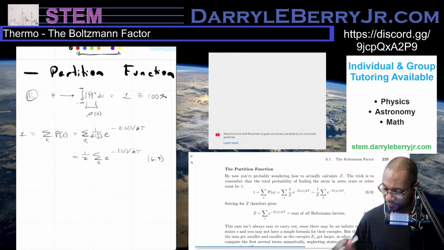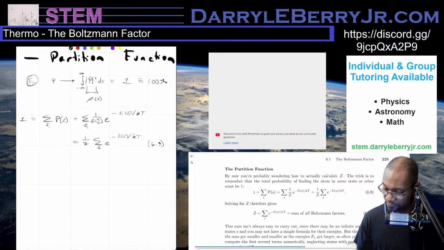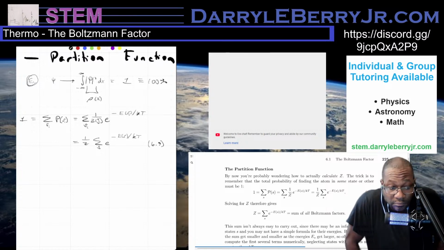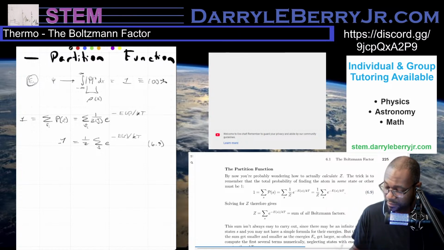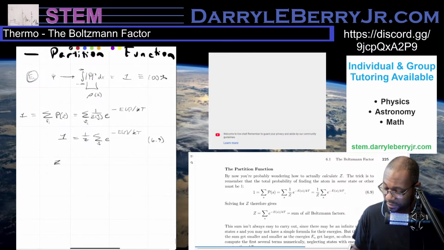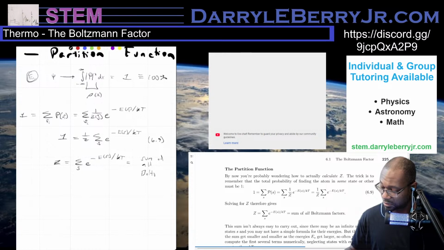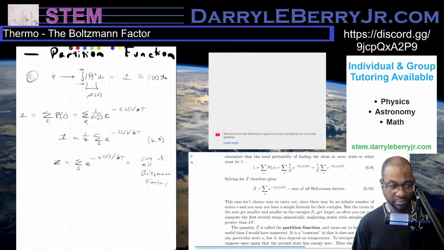So we can solve for Z. And 1 is on the other side there. So we could just say Z equals the sum of all the Boltzmann factors, which seems odd. This sum isn't always easy to carry out, since there may be an infinite number of states s and you may not have a simple formula for their energies.